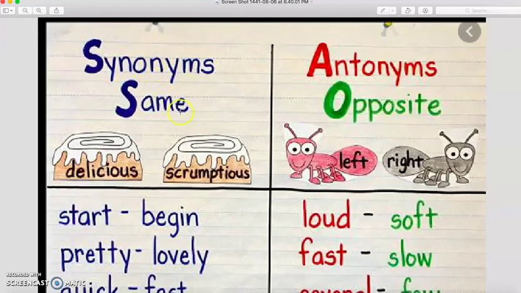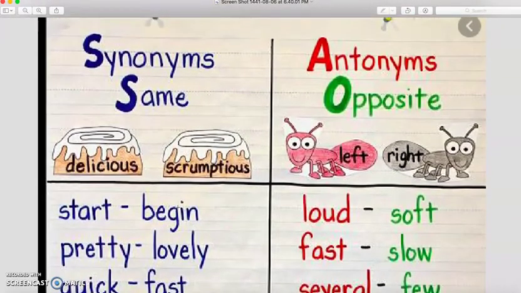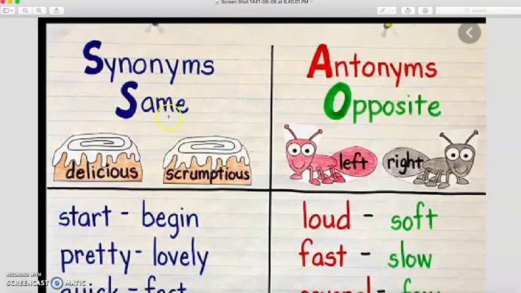Synonyms mean the same, like start, begin, pretty, lovely, quick, fast, and so on. They have two words with the same meaning. But antonyms, no, it's the opposite. Two words, but they have the opposite meaning. Totally a different meaning.